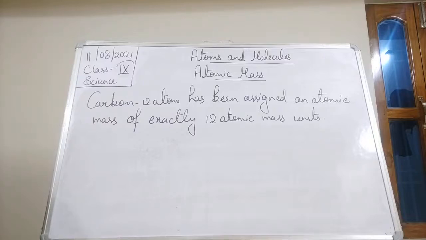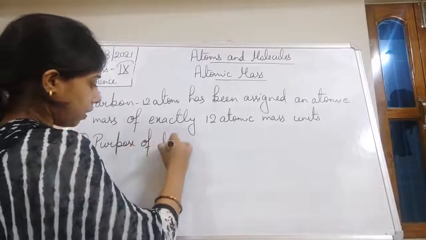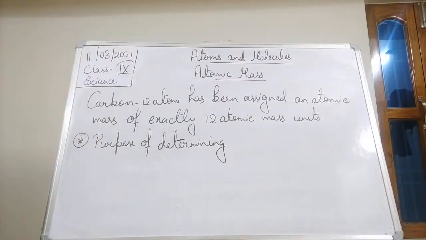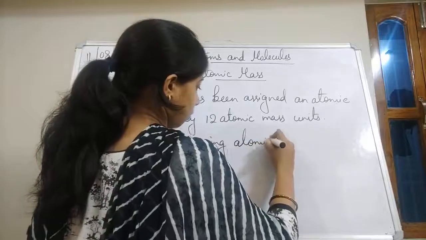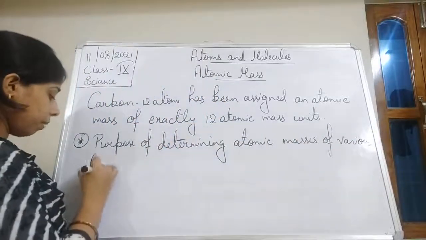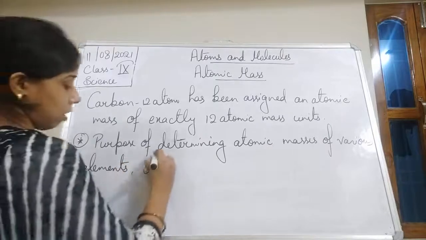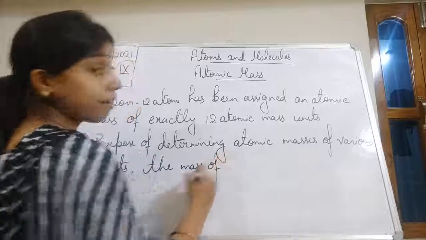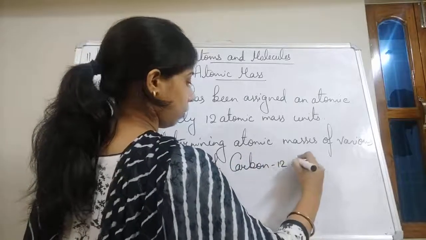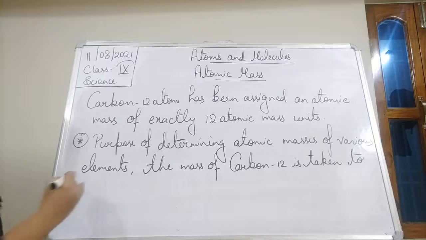So, for the purpose of determining the atomic masses of various elements, the mass of carbon 12 is taken to be the standard.